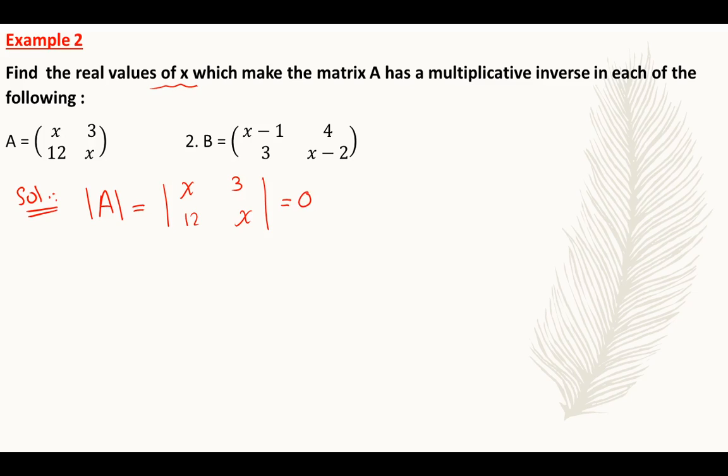So, to find the values of x, first we will find the values of x which make the matrix A have no multiplicative inverse. Then, by using this way, we will know the values of x which make the matrix A have a multiplicative inverse. Let's find the values of x.